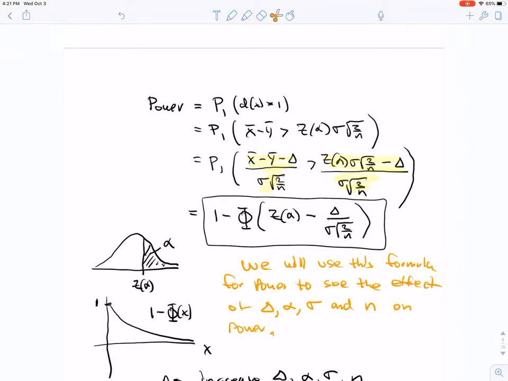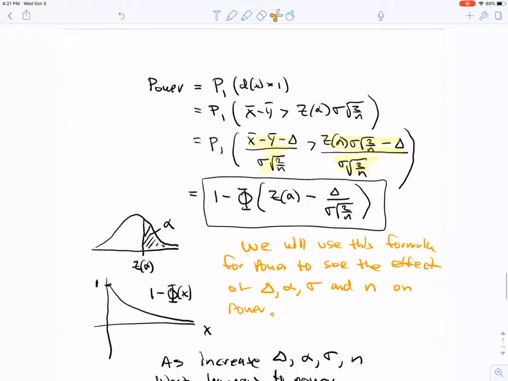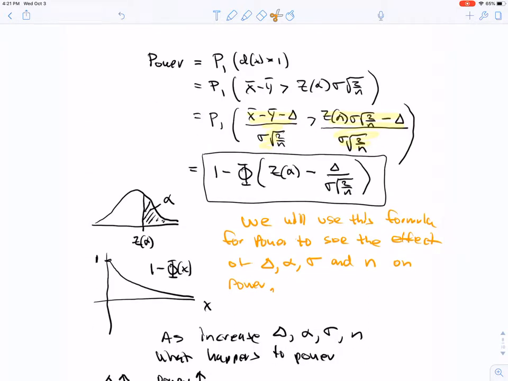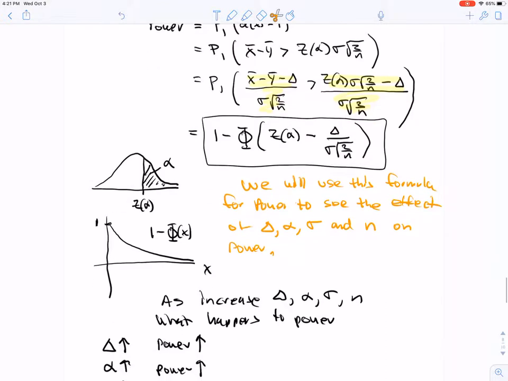So we can compute the power, and this formula for power allows us to examine the effects of delta, alpha, sigma, and n on your calculation. And I've just drawn here two figures to help us. One figure is showing you z alpha as a function of alpha, the level of significance under the null distribution.